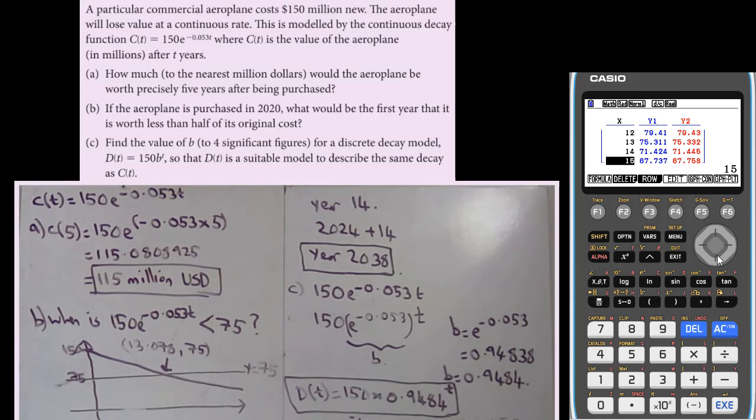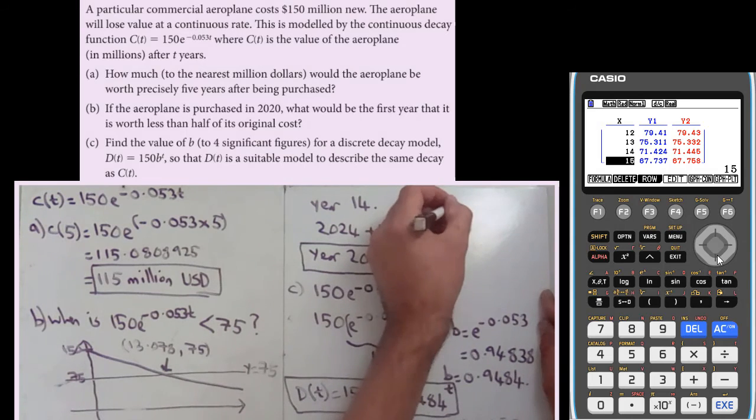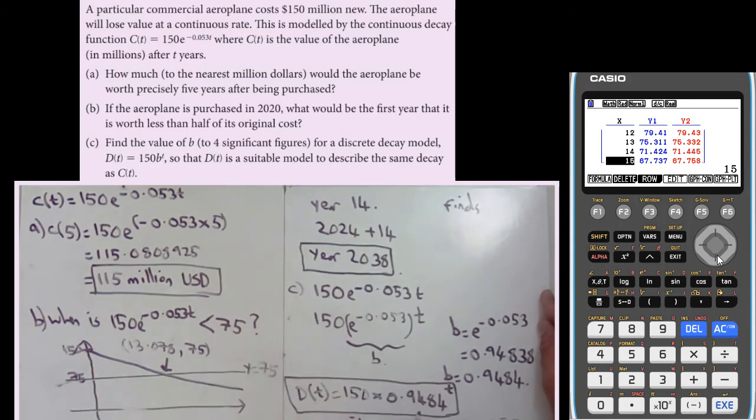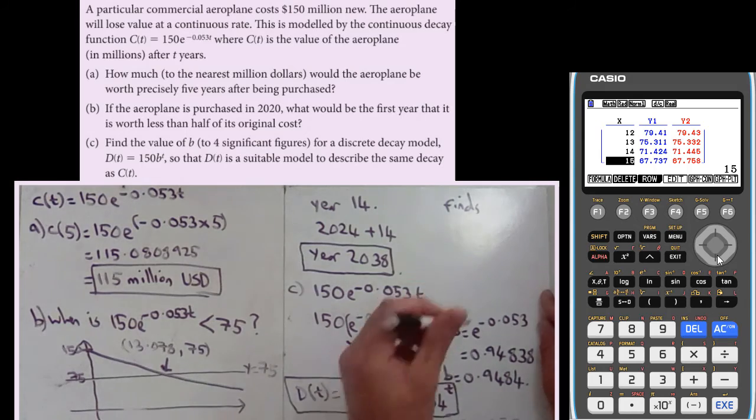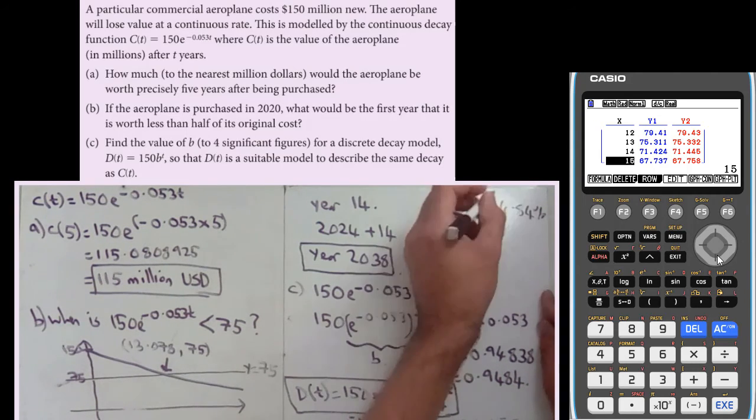And one other thing we should say is, what's the effect of multiplying a number by 0.9484? Timesing a number by 0.9484 finds 94.84% of the number.